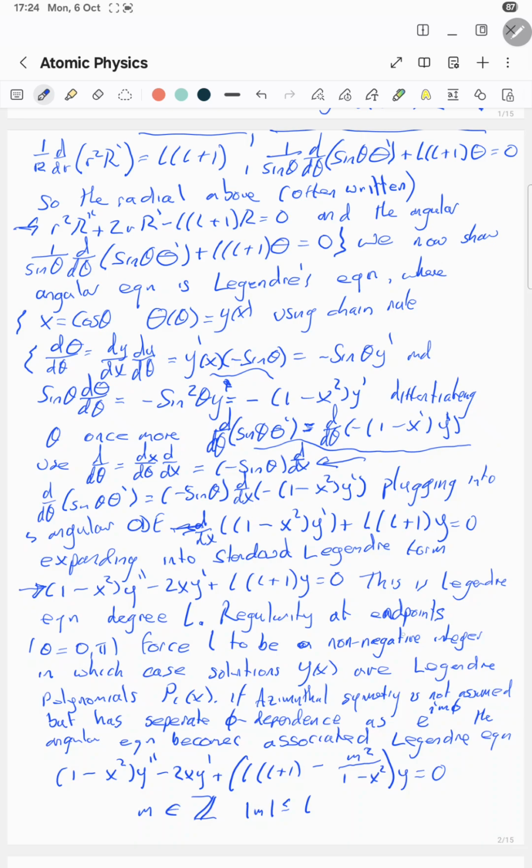Regularity at its endpoints, theta equals 0 and theta equals pi, forces L to be a non-negative integer, in which case solutions y of x are Legendre polynomials P_L of x.